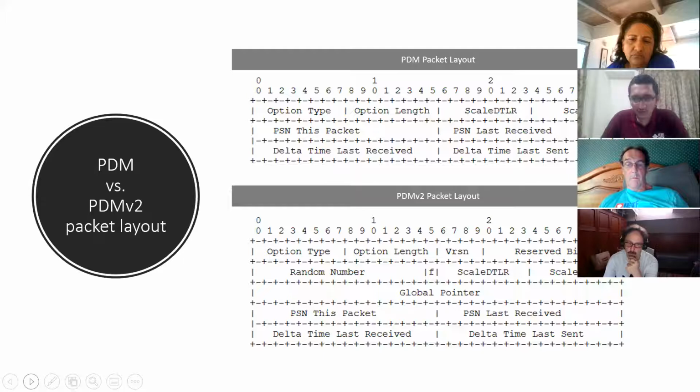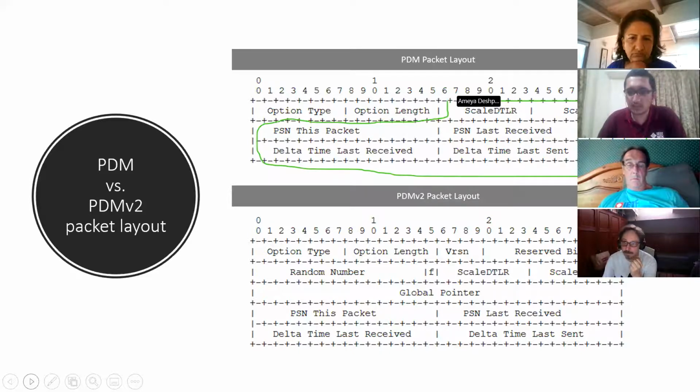So this global pointer is initially initialized to 0, and then later we increment it as we send packets to different flows. And a point to note over here, and this is an important point, these are the PDM fields which we have. By the way, these are the scale fields I forgot to mention.